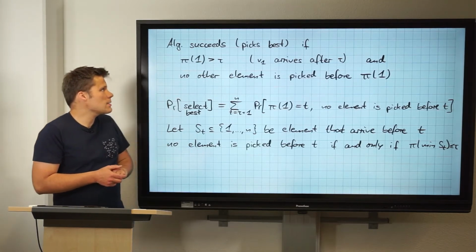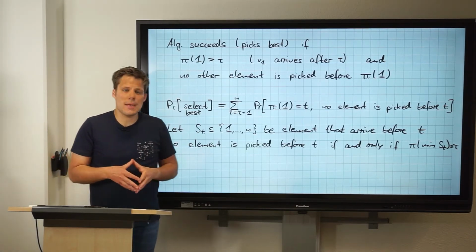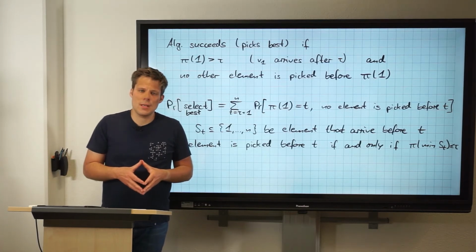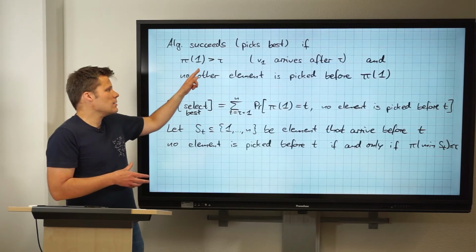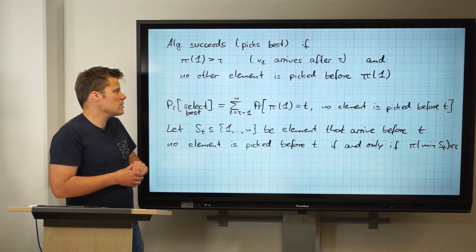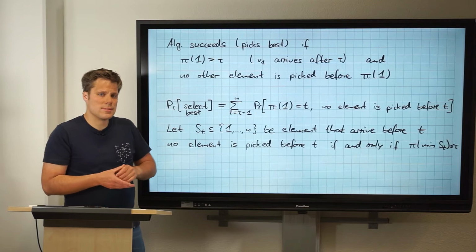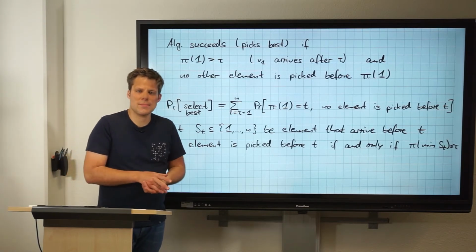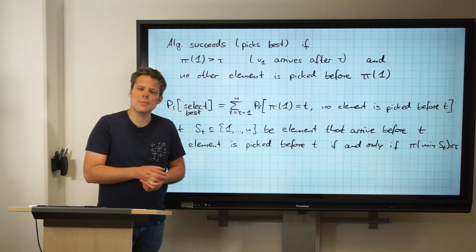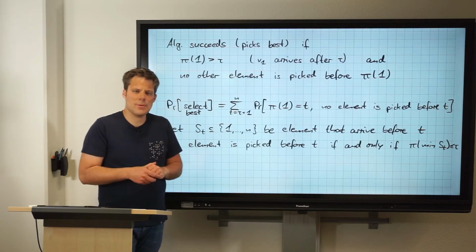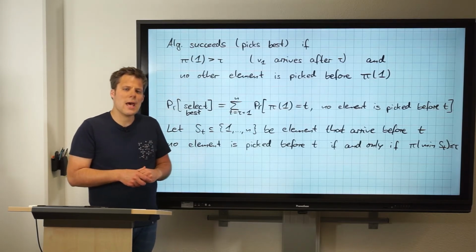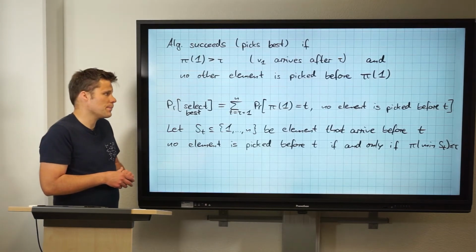Well, we select the best candidate if and only if the following happens. The candidate arrives after step tau because, well, if it arrives before step tau, we won't be selecting it. If it arrives after step tau, it will surely also be the best so far. But it may happen that at this point when the best arrives, we have already stopped the sequence.